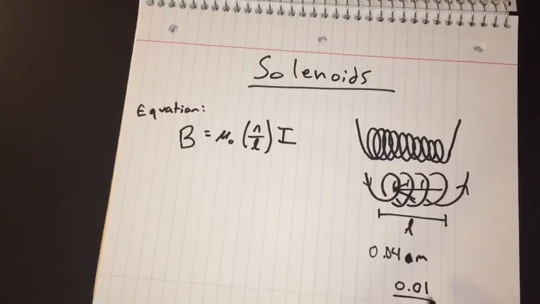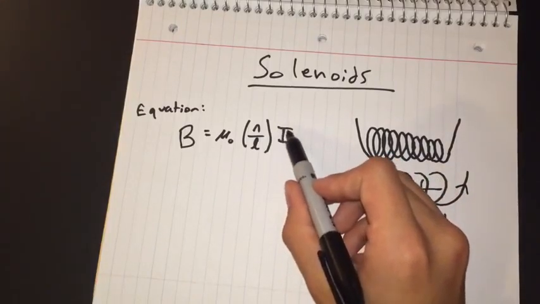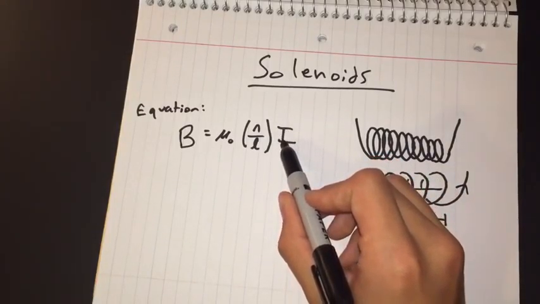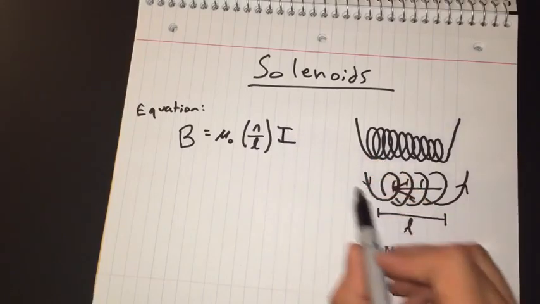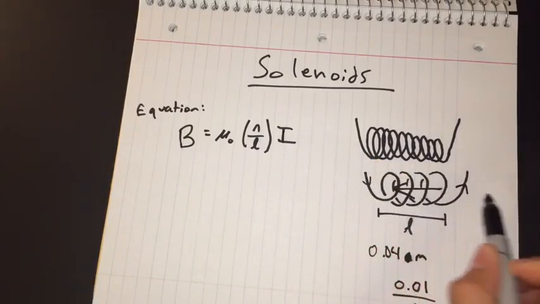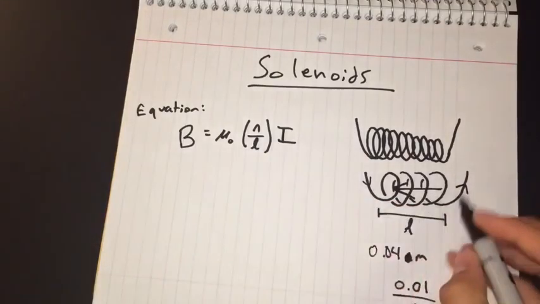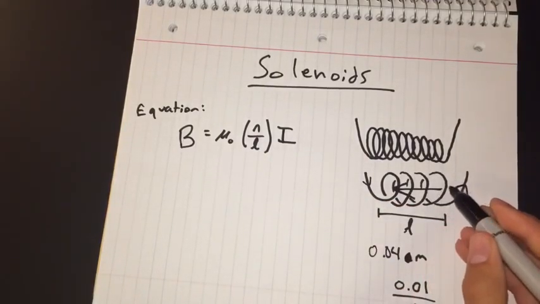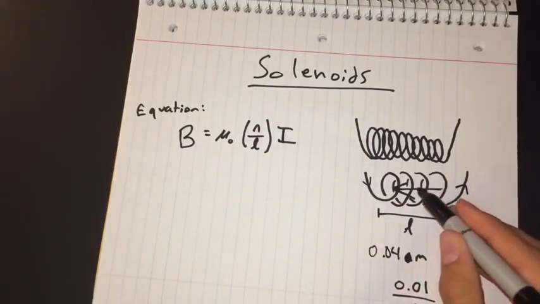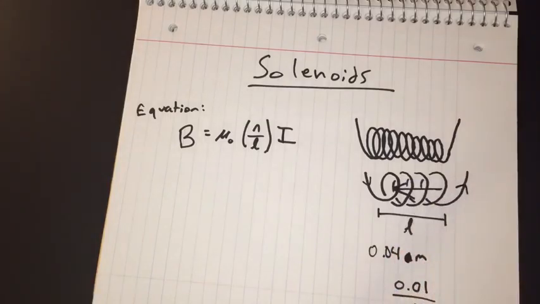Then you multiply that figure by the current flowing through the wire, and then you get the magnitude of the B field within the solenoid.